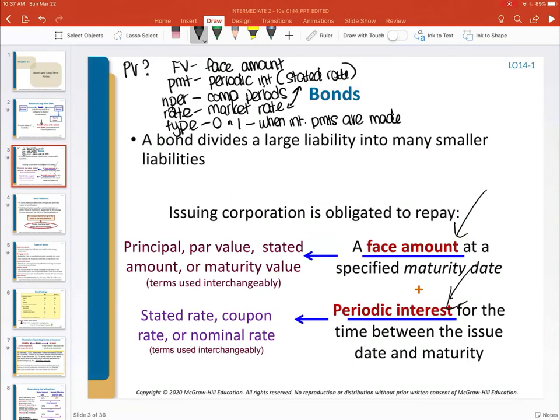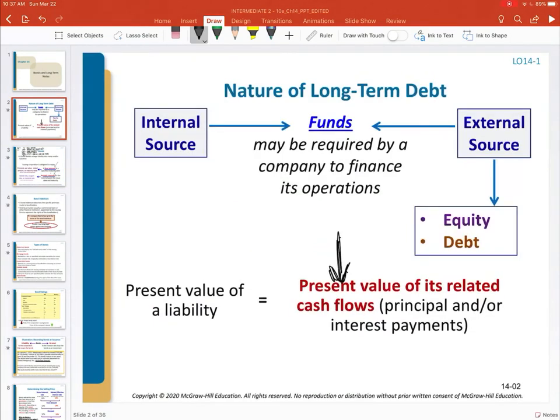Each time in these examples, we're going to be solving for the present value. We're going to have to use the inputs given to us in the problem: future value, payment, number of periods, rate, and type, to calculate the present value. Because if I go back to my previous slide, generally accepted accounting principles tell us that when you have a long-term liability that's going to result in future outflows of cash, those future outflows need to be brought back to today's dollars.